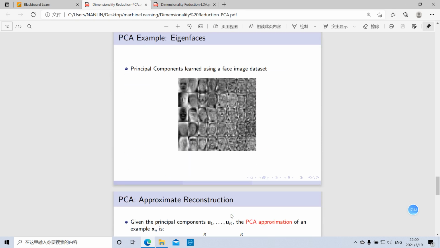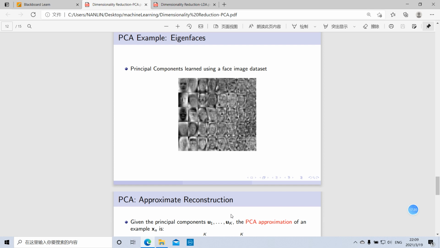So this is especially useful for image analysis. As you know, images are multidimensional and normally preserve some data which is probably irrelevant to face recognition, for example.